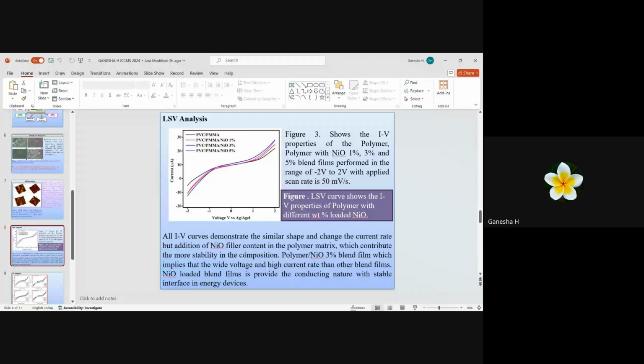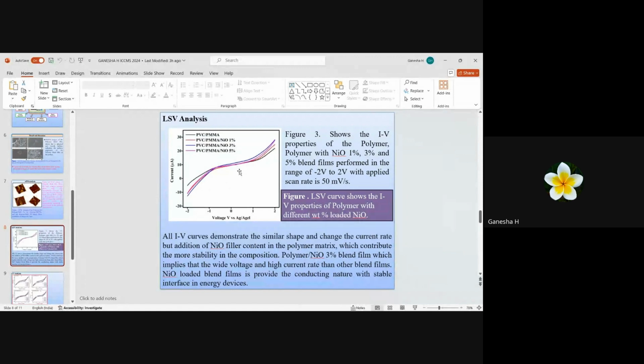Here we can observe the IV curves demonstrate a similar shape with changing current rate, but the addition of nickel oxide content in the polymer matrix contributes more stability in composition. Polymer composite with nickel oxide 3% shows a wider voltage and higher current rate than the other blend films.